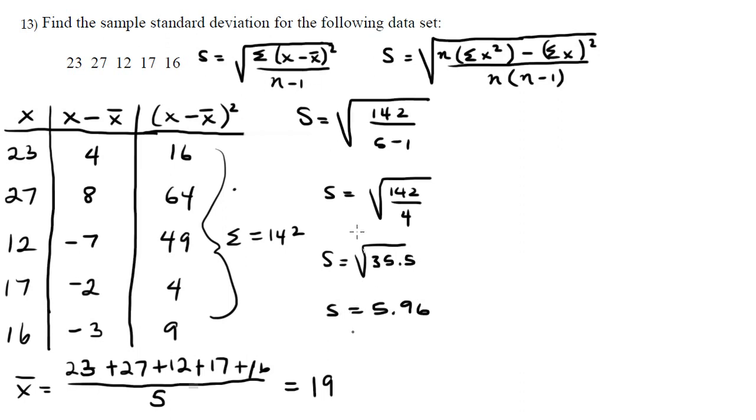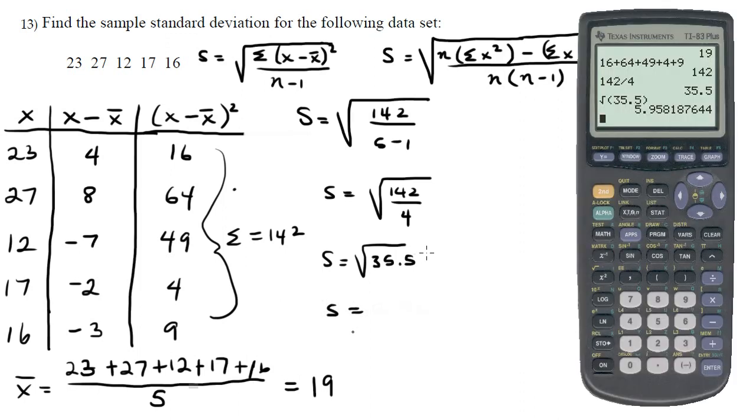Let's round it properly. Let's do it this way. So since my values are all ones, right? They all have a ones place. They don't have a tenths or a hundredths or a thousandths, right? So since they all end at the ones place, at the units digit, my standard deviation should end in the tenths.